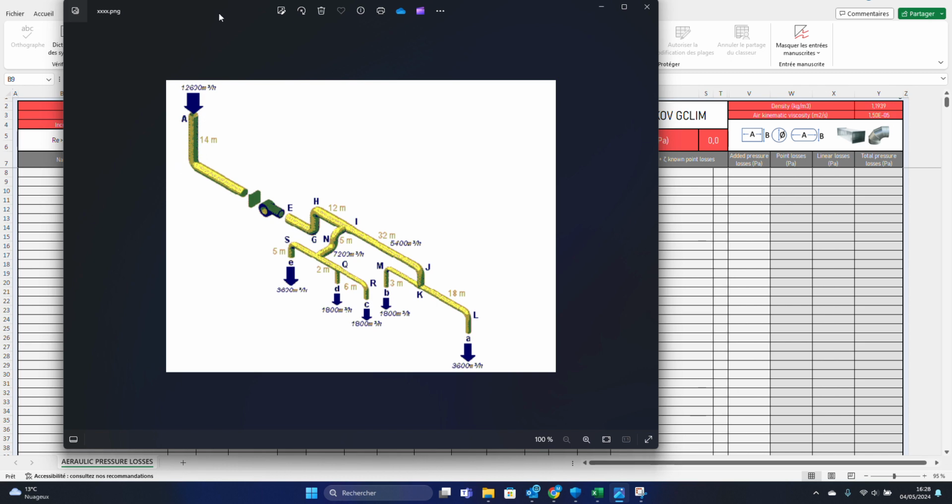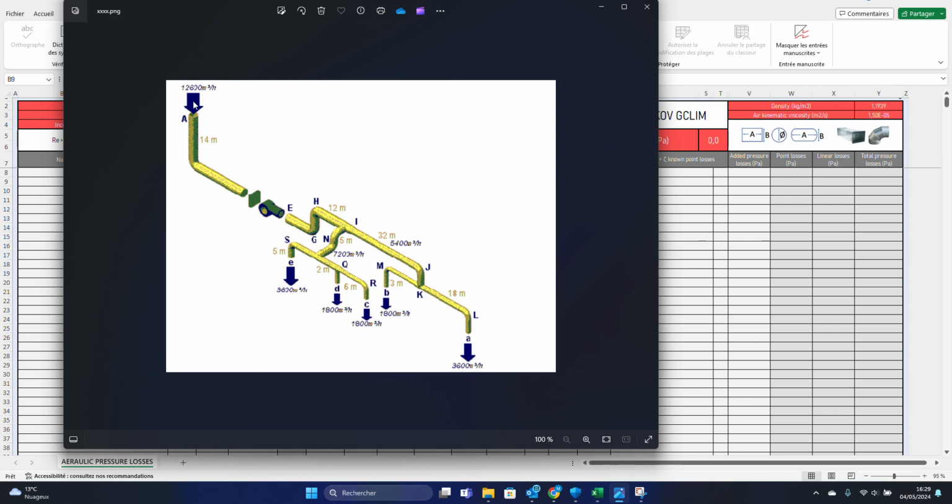And on this part, we have three different flows, this one, and this one. We're going to say that this part is rectangular, this one is circular, and we can start.